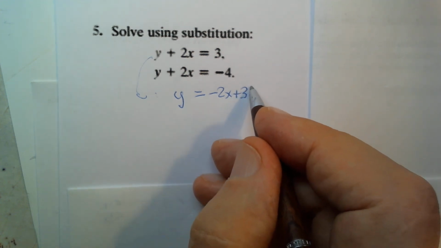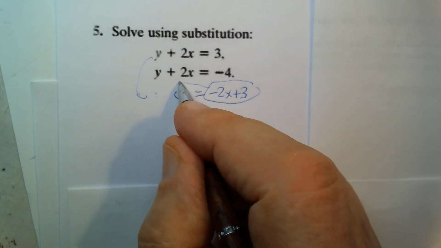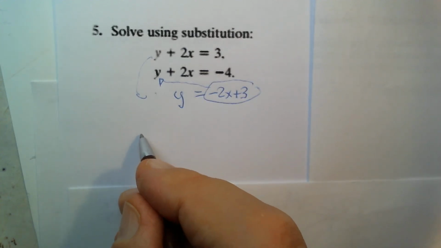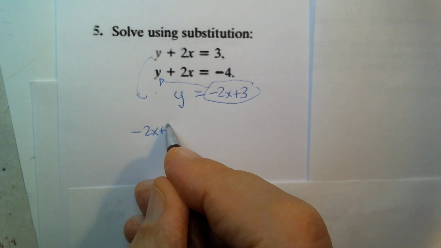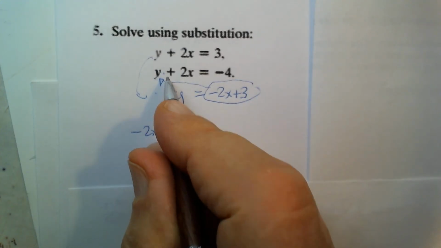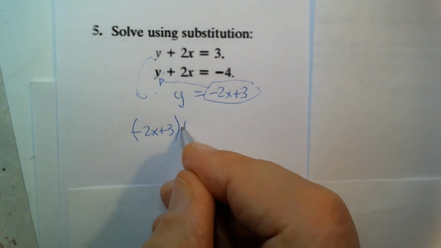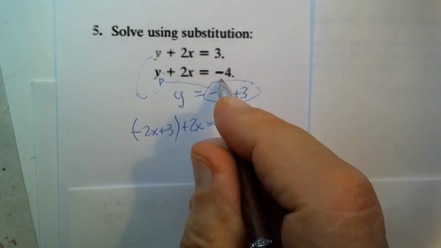With that information, we substitute that into the second equation. So now in the second equation we have (minus 2x plus 3) by substituting for y. Let me put that in parentheses to make it more obvious. Plus 2x, equals minus 4.